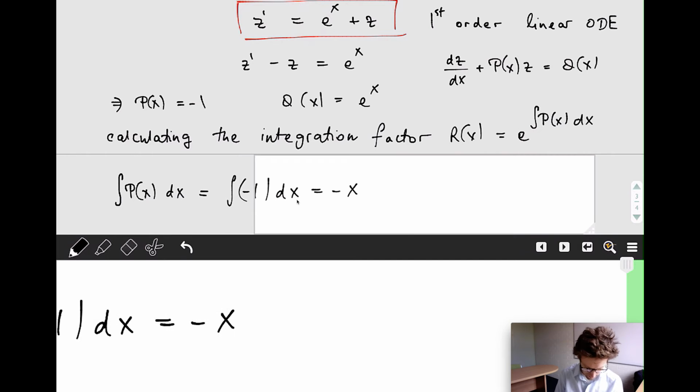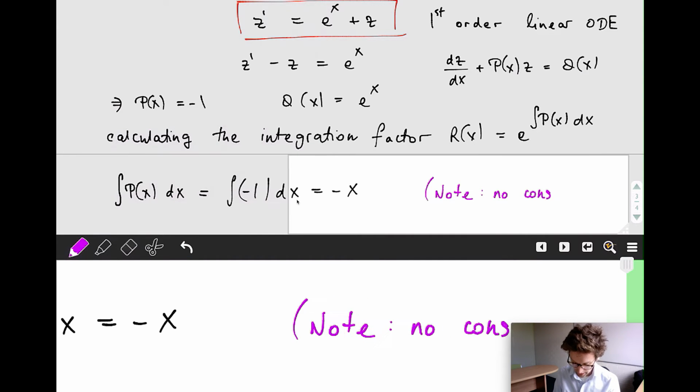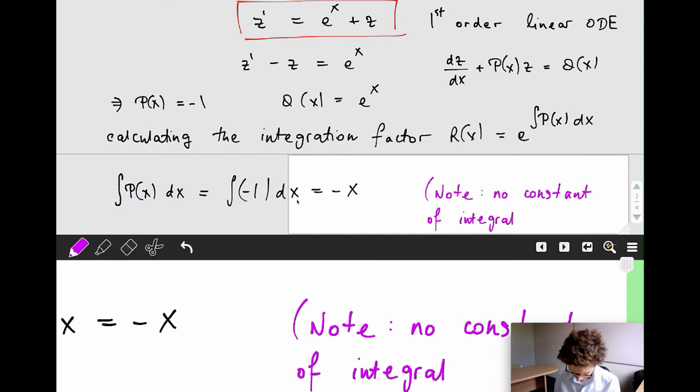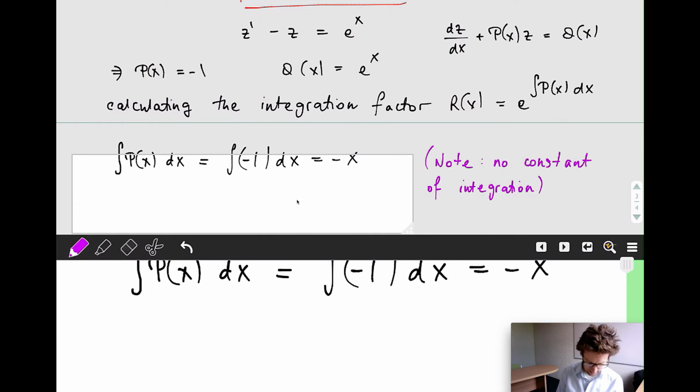And notice here that I'm not including a constant of integration. As we saw in the lectures, we don't need to include a constant of integration in these integrating factor calculations because they just cancel out in our final solution. So I've calculated the integral of p of x.